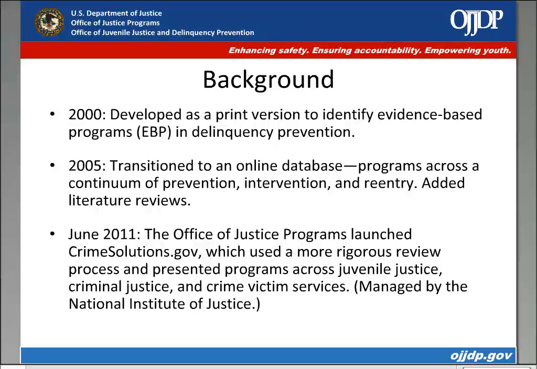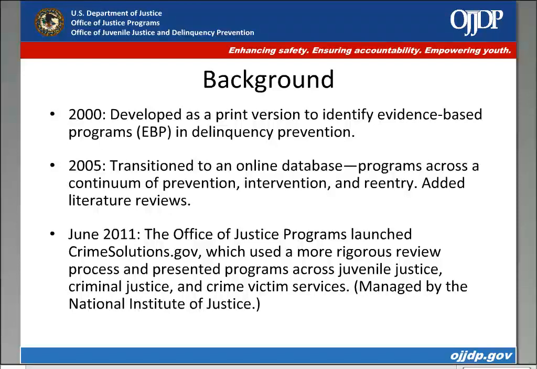In 2011, the Office of Justice Programs, which is the larger bureau within which the Office of Juvenile Justice and Delinquency Prevention sits, launched crimesolutions.gov, and it's built off of the process established in Model Programs Guide, a lot of the products and work in Model Programs Guide, but it established a more rigorous process.